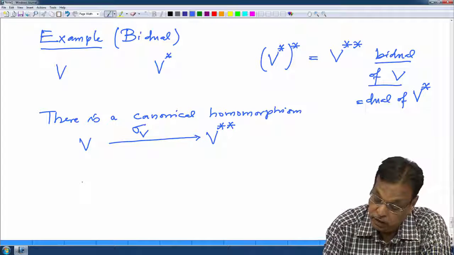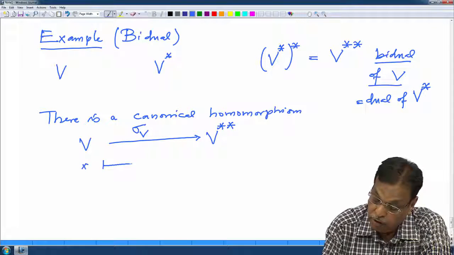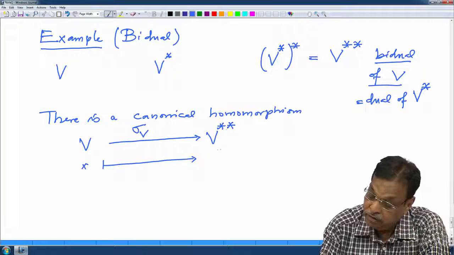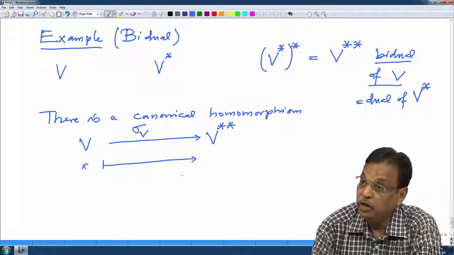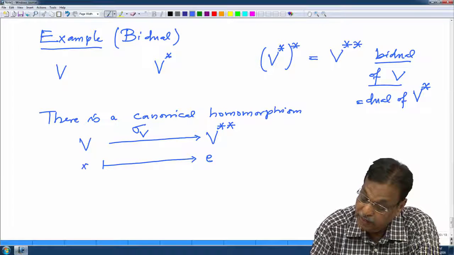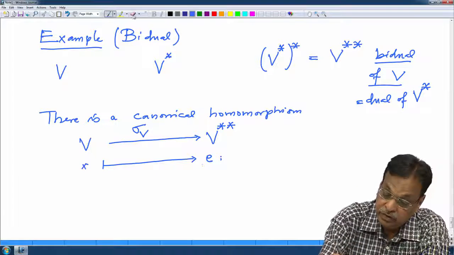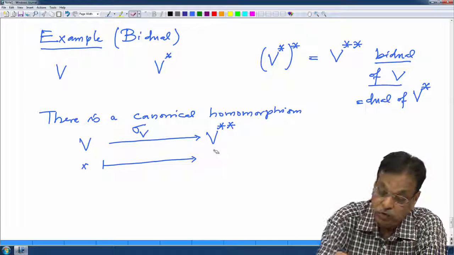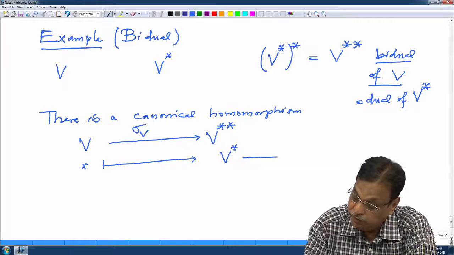So what does it do? For a given vector x, I want an element of the double dual. That means I want a linear form on V star. That means this x should go to something which maps V star to k.